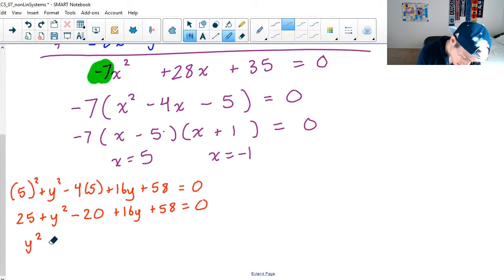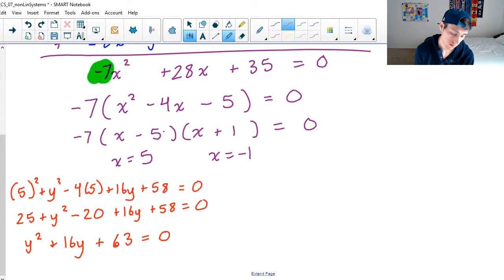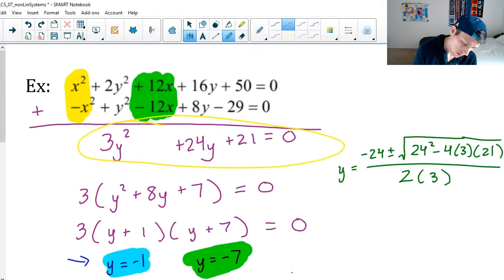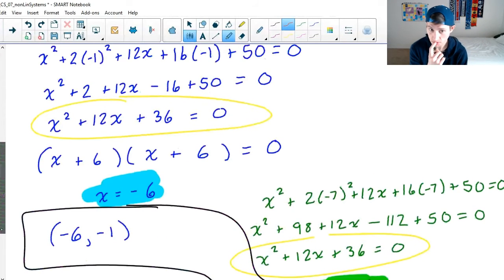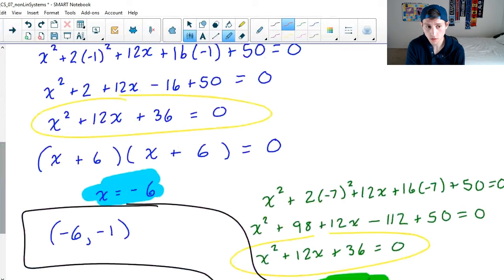So y squared plus 16y. 25 minus 20 is 5. 58 plus 5, 63. Okay, so I end up with another quadratic. And just like before, when we got down to x squared plus 12x plus 36, we want to factor.